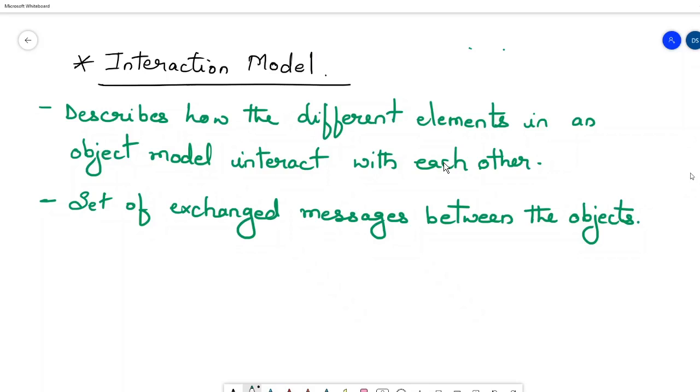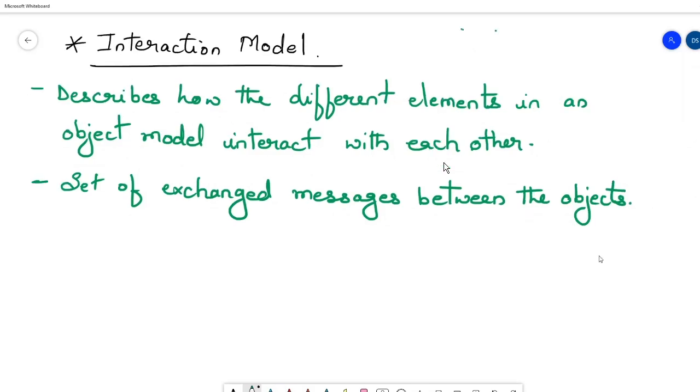Okay, inside the interaction model we would be studying three diagrams which would help us understand how in a project, in a working model, when we are designing some software, different modules are interacting, how things are taken as input, how they are processed, and how the output is generated. All that would be clear through the interaction model.